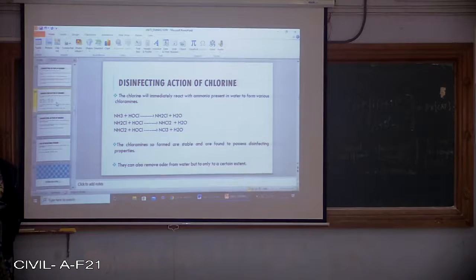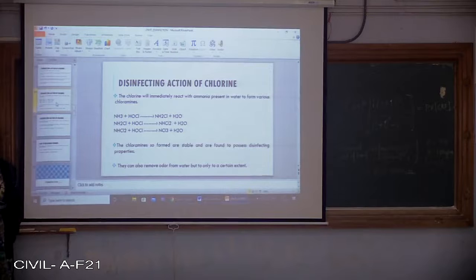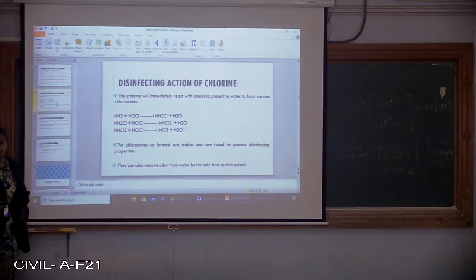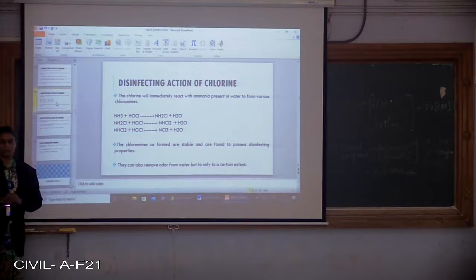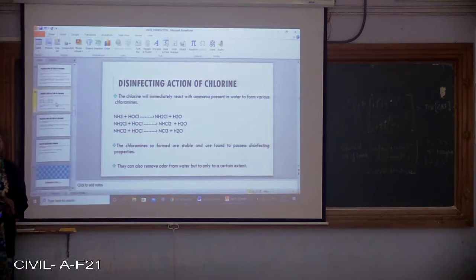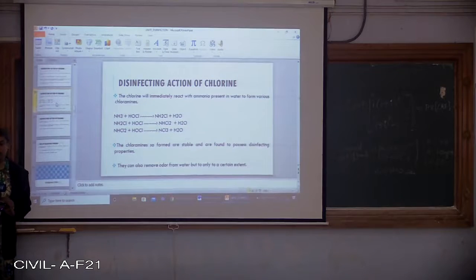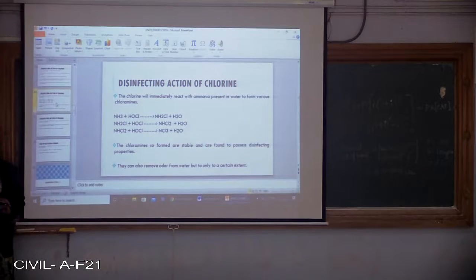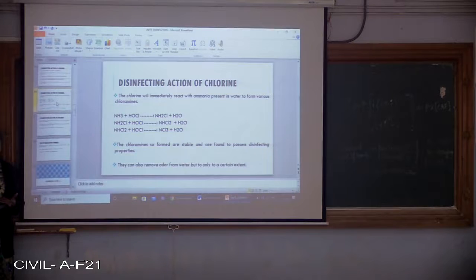The chloramines so formed are stable and are found to possess disinfecting properties. So these are the chloramines which act as the disinfectant agents when chlorine is added to the water. They are very stable and act as the disinfecting agent in the water.